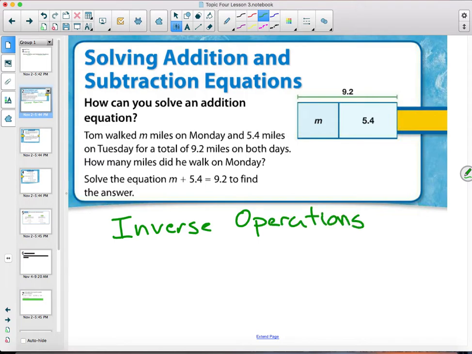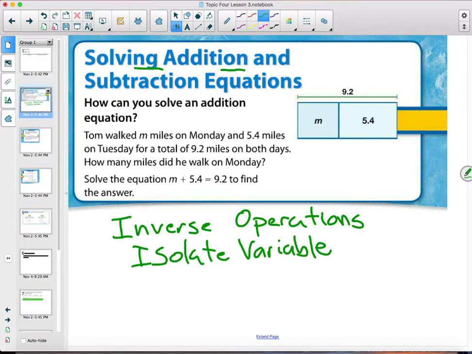I want you to be sure to know that you are using inverse operations for solving addition and subtraction equations. That means you're going to isolate the what? You're going to isolate the variable. You want to get the variable alone.